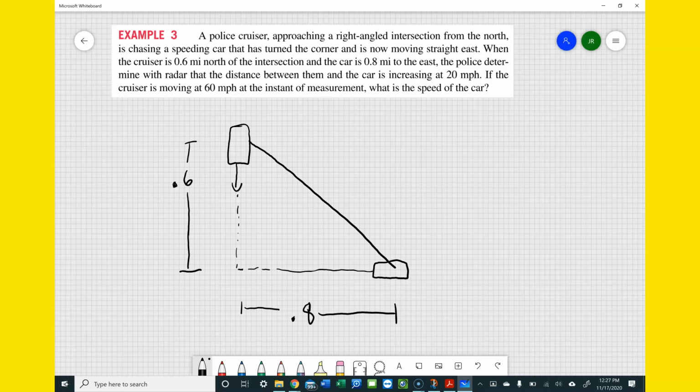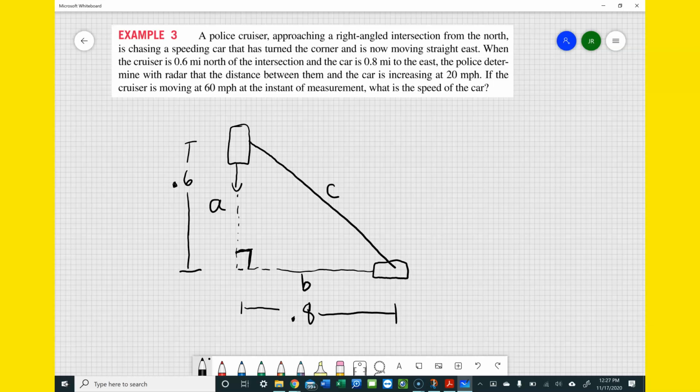Since these are all distances, I don't want to call all of them D. Let's say this is A, this is B, and this is C. You could call it X, Y, Z, or D1, D2, D3 if you want. It doesn't matter.